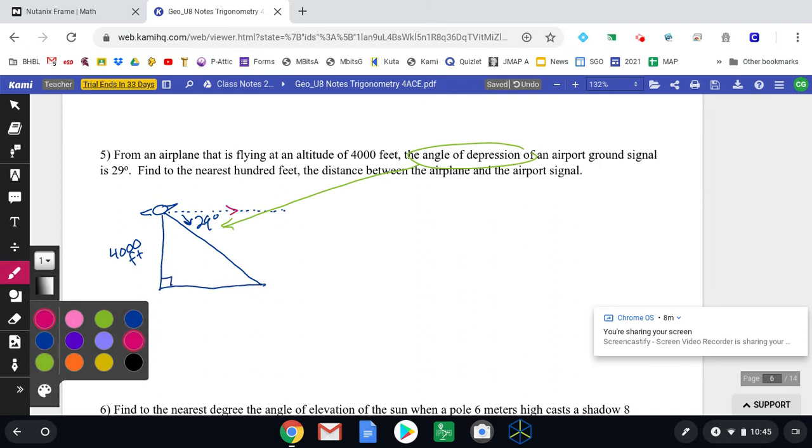Now, one thing you want to notice is that my sight line for the plane and my ground, we're going to assume are parallel. Since we assume that they're parallel, we have alternate interior angles here. I am looking for the distance between the airplane and the signal. So I'm looking for this right here. So again, thinking of SOHCAHTOA, I have a hypotenuse, my reference angle here.